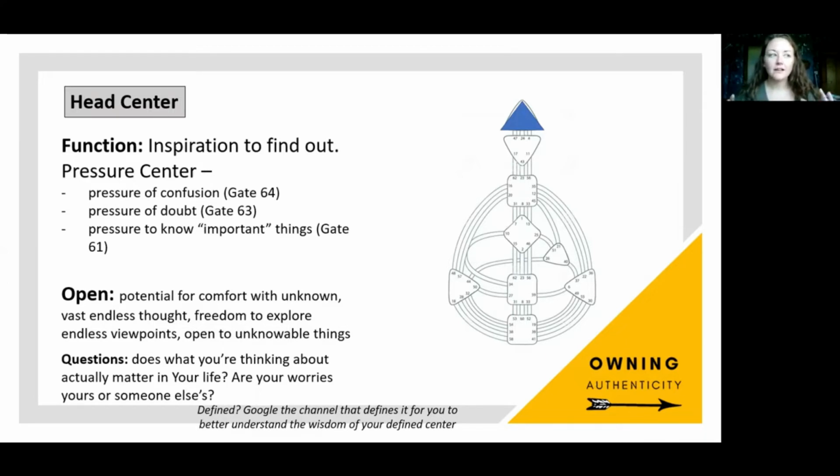There's excitement that can pull you forward in a very similar way to how pressure can push you forward. So whether you have this center defined or open, play around with that in your awareness. Pressure doesn't have to be inherently stressful if you're allowing it to be translated as excitement and allowing that excitement to lead you in whatever it is that you're deciding to think about and get to the bottom of.